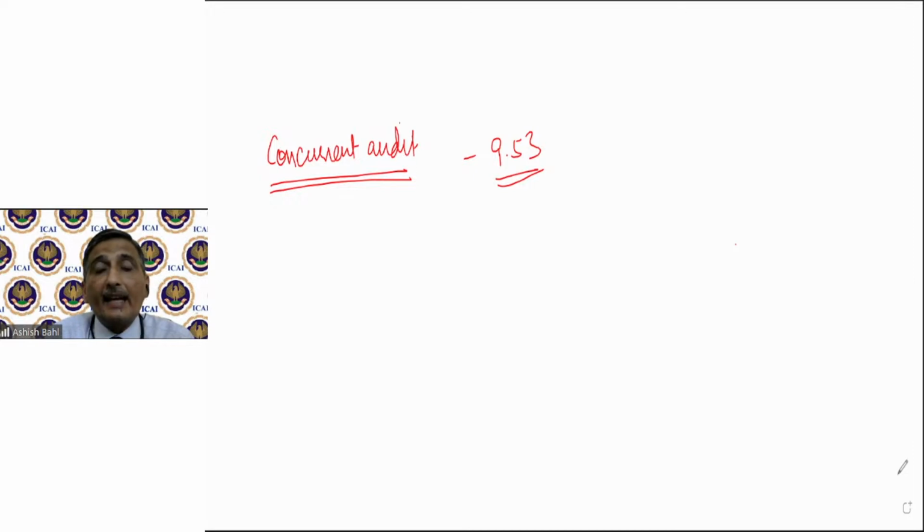What is it akin to? What is it similar with? Have you got any idea, guys? Yes, Namrata, she is saying yes, we have done it in articleship. So what is your view about that, Namrata? What is the nature of concurrent audit?